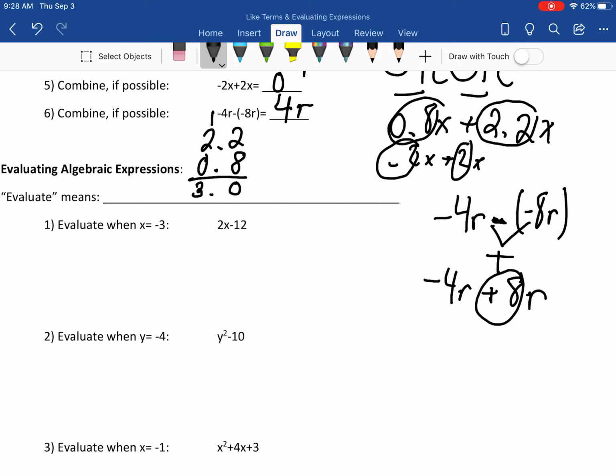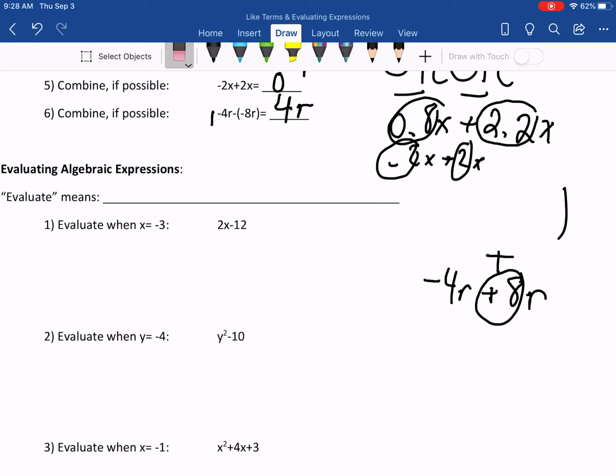Okay. Do a little bit of erasing. All right. The next thing we want to do is review how to evaluate algebraic expressions.